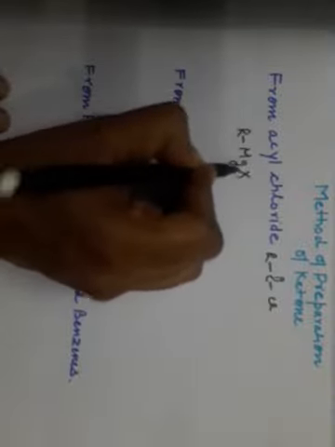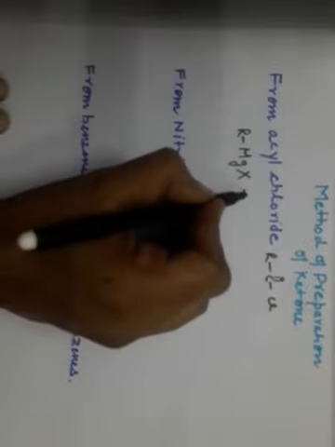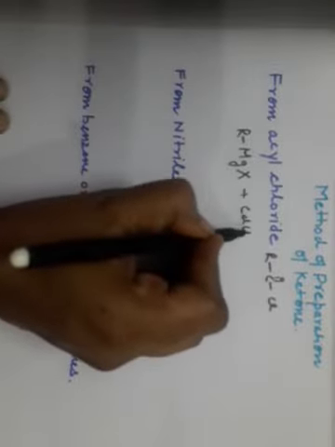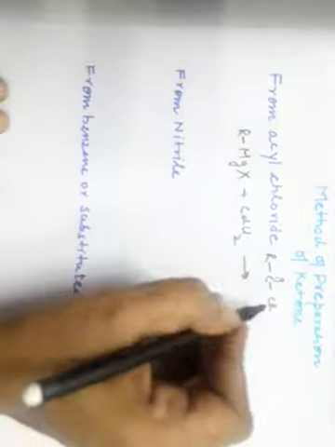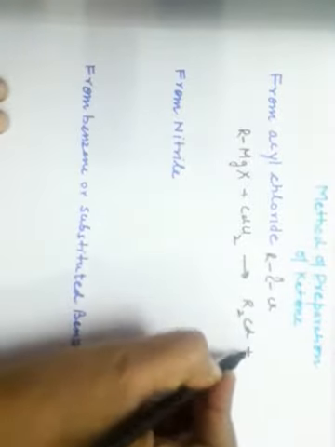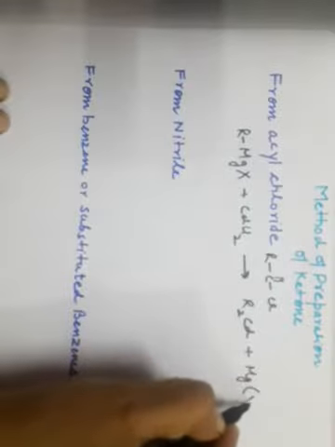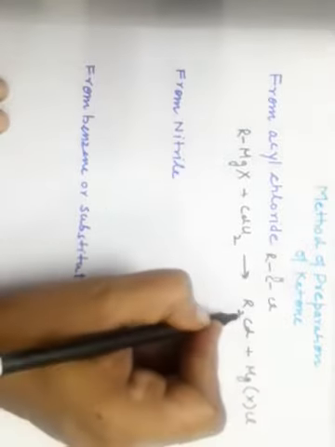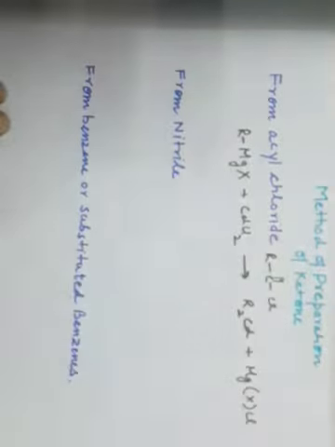RMgX, which is a Grignard reagent, reacts with cadmium chloride and gives the formation of dialkyl cadmium with a side product.